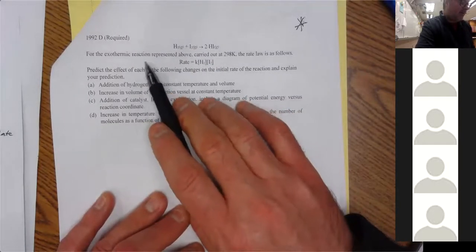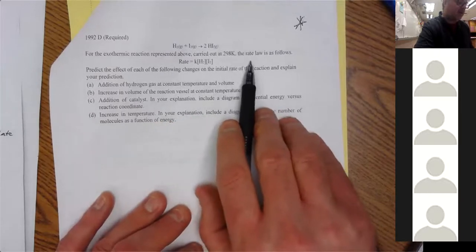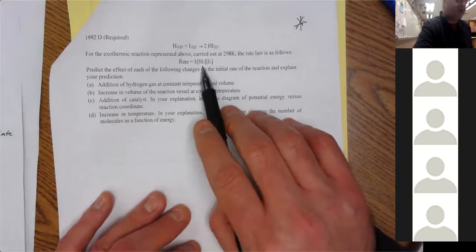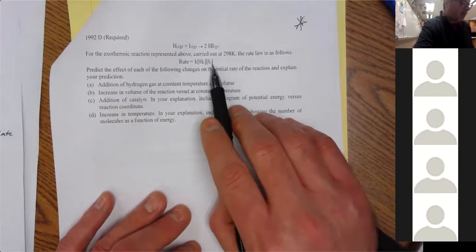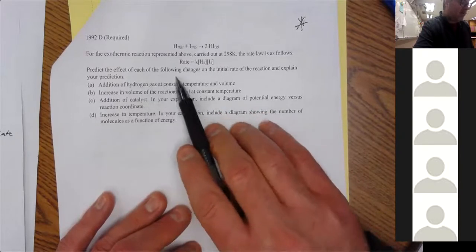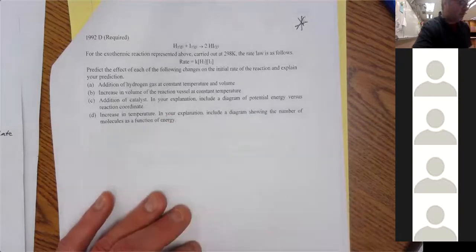For the exothermic reaction represented above, carried out at 298 Kelvin, the rate law is as follows. Again, we are first order in H2 and first order in I2. Predict the effect of each of the following changes on the initial rate of the reaction and explain your prediction.